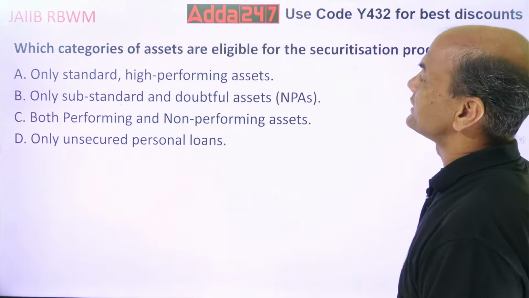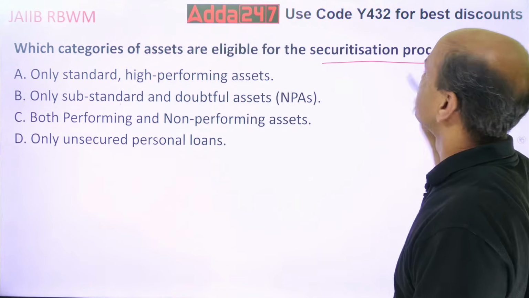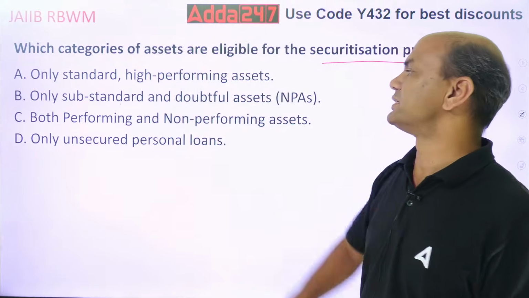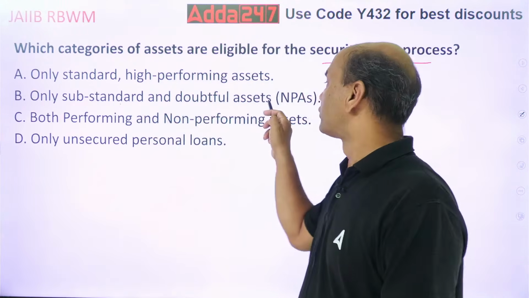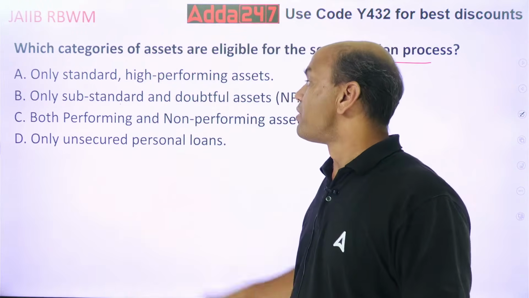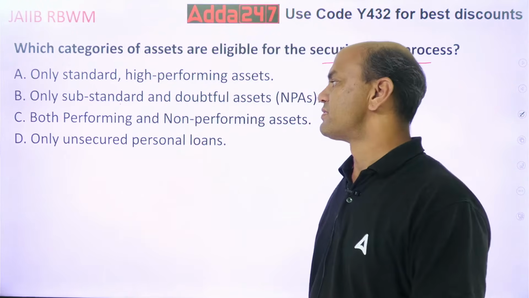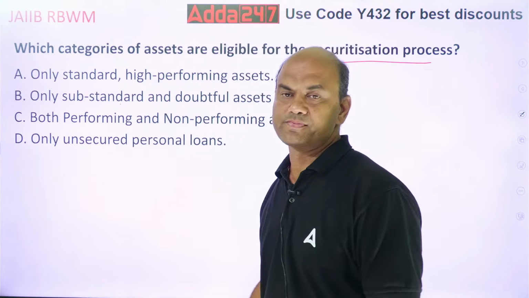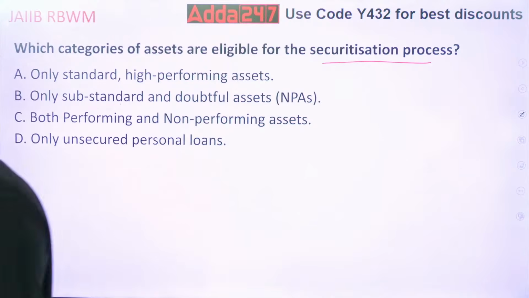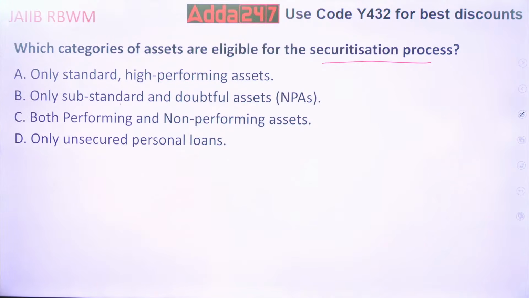Which category of assets are eligible for securitization process? Only standard high performing assets, only substandard and doubtful assets, NPAs, both performing and non-performing assets, or only unsecured personal loans. Which loans do we sell?